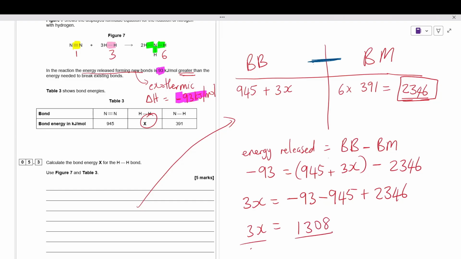Divide both sides by 3. So x is going to be 436, and that's going to be my bond energy for breaking 1 mole of my H single bond H. That's my answer. Just highlight this so you separate from everything else. So that's my answer there.